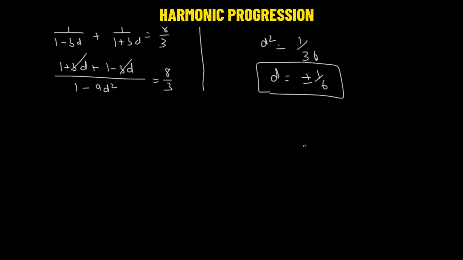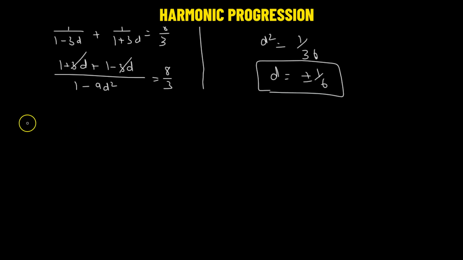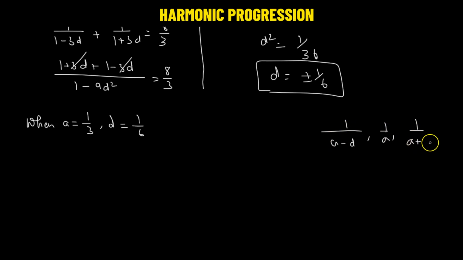So now that we have the value of a and d, let's try to find out the numbers. So let's choose when our a value is 1 over 3 and our d value is positive 1 over 6. We have 1 over a minus d, 1 over a and 1 over a plus d, because we need to find out the numbers which are in harmonic progression.